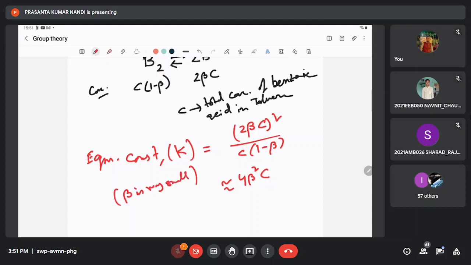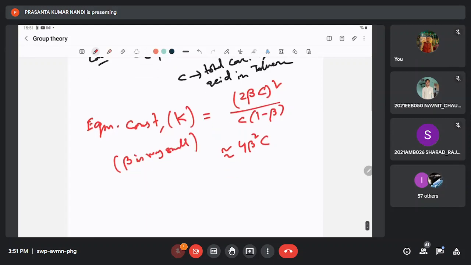So this is the expression for this equilibrium constant. From this we can simplify easily. Can we write this expression?